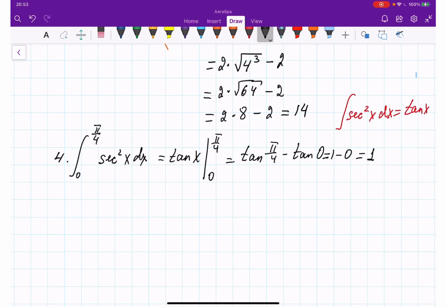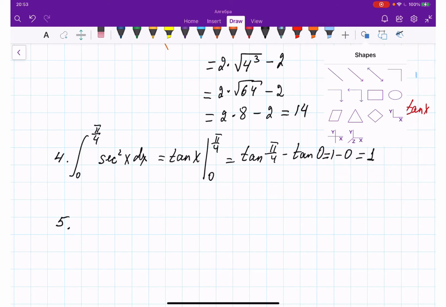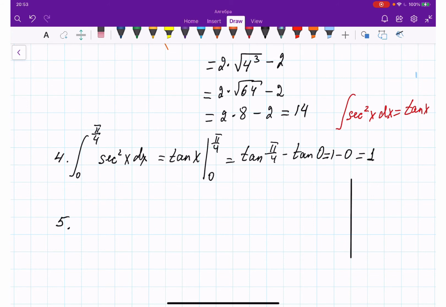So we have such a graph. All right. This is 1, this is 2. So this is going to be 1. All right.